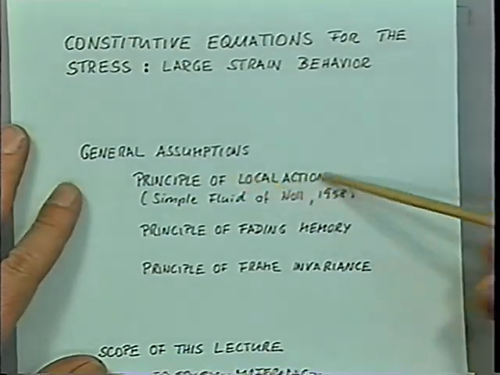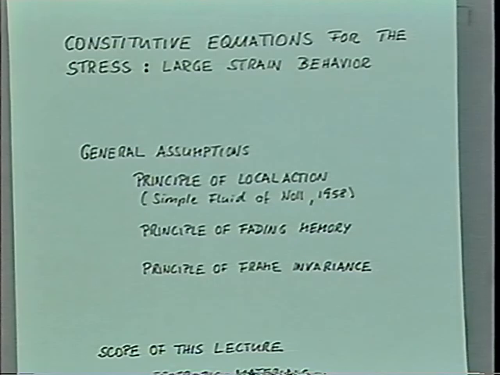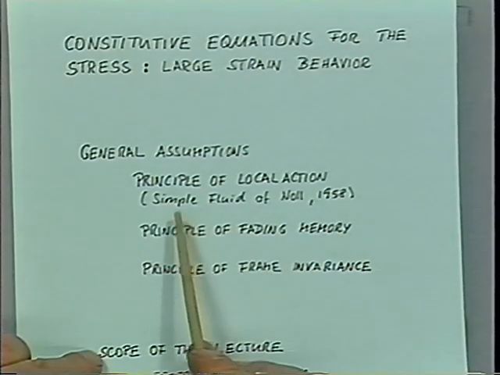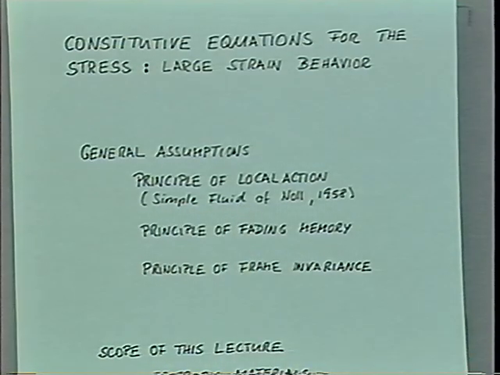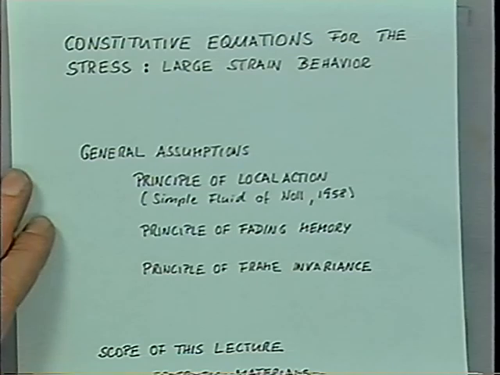There is the principle of local action, which basically says that the stress in a material element depends on the strain history of that material element and is independent of the strain history of neighboring material elements. And that's the so-called condition for the simple fluid of Noll. There are other principles.